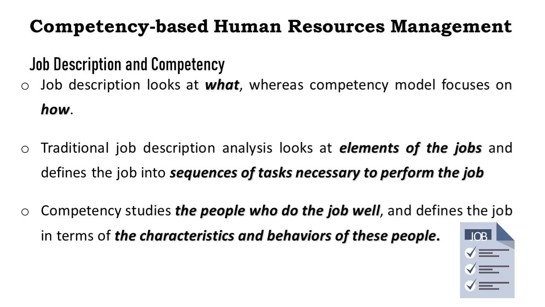Competency studies the people who do well on the job and defines the job in terms of the characteristics and behaviors of these people. So, really, competency is more on the how. It's more on the performance.